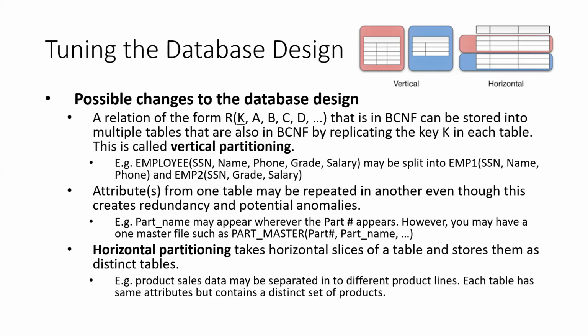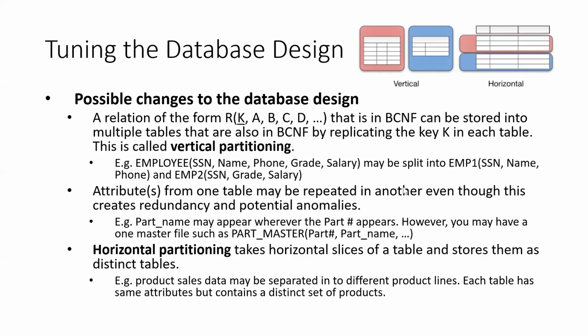You can separate the data vertically. Vertically means you separate attributes. For example, in an employee relation, we can have social security number, name, phone, grade, and salary. So you split based on these attributes.